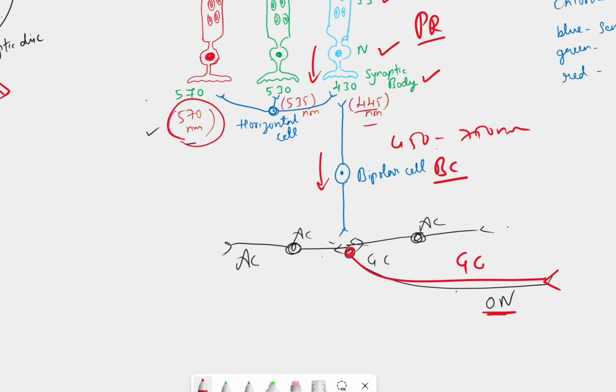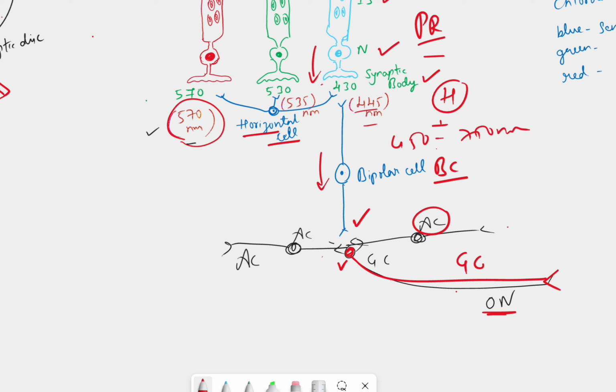Bipolar will relay onto the ganglion cell. But this is not a simple relay. There is some modulation which happens. There are two cells. The horizontal cell modifies the signals between the photoreceptors and the bipolar cell. We have a horizontal cell here which modulates the information. Amacrine cells modify the signals between the bipolar cell and the ganglion cell.